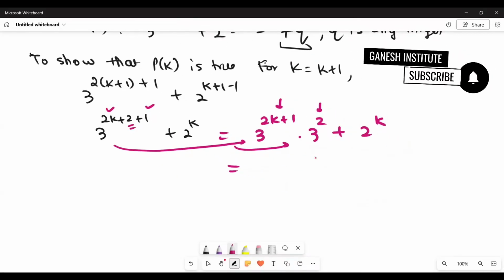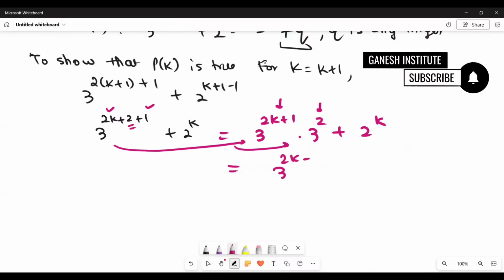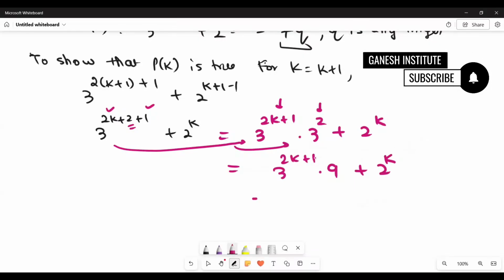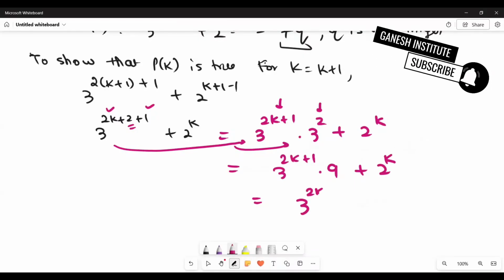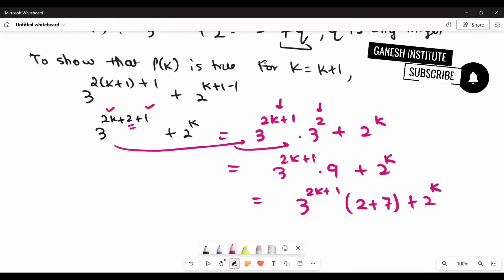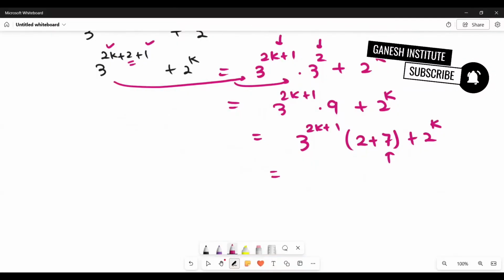Now, what is the benefit of this step is, I know 3 square is 9, and I can write 9 as 2 plus 7. I need to bring 7 into the picture.